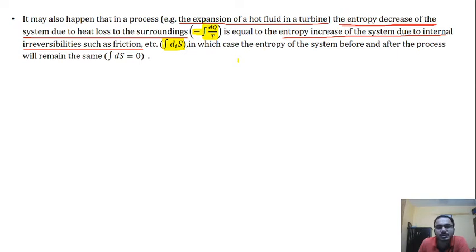In which case the entropy of system before and after the process will remain same, that is the integration of total ds is 0. So I will write down this part again.